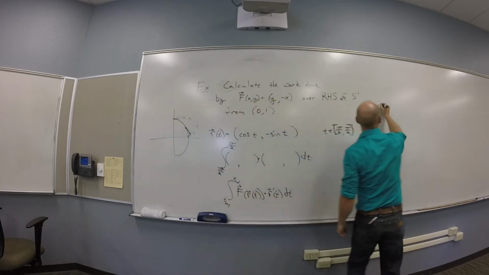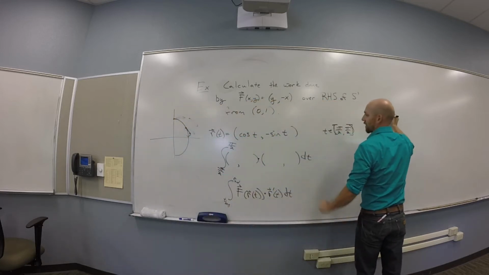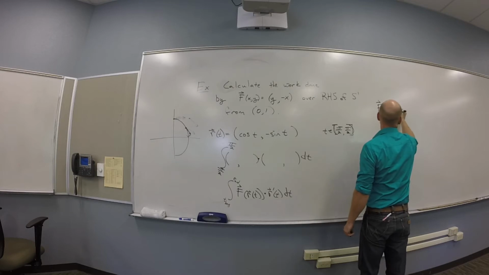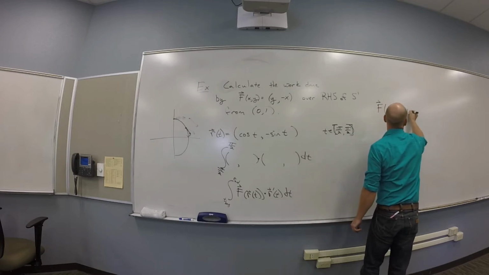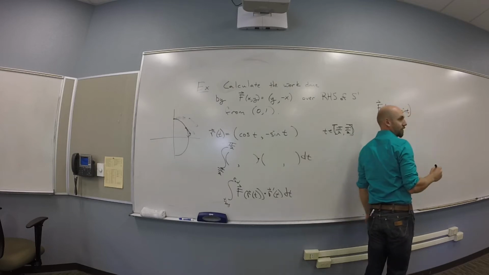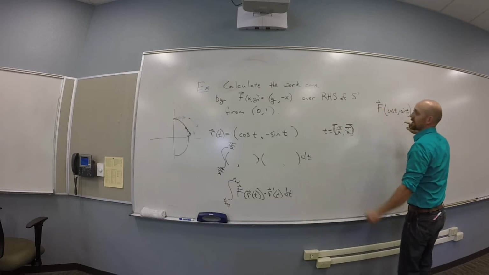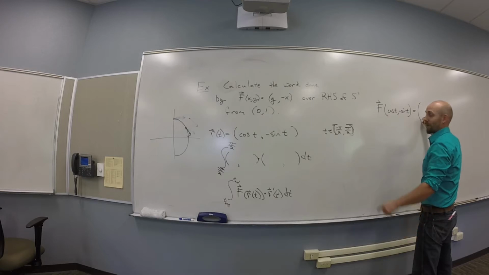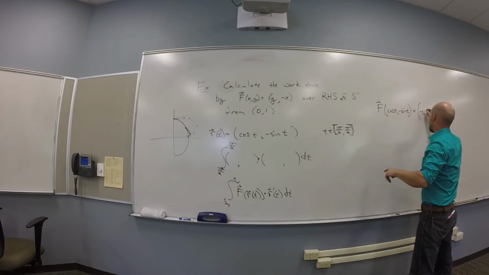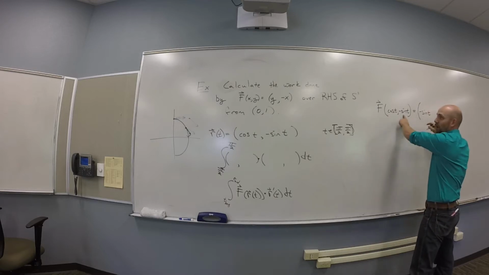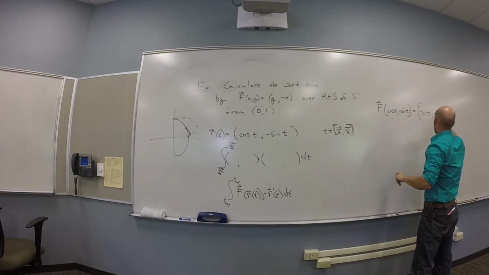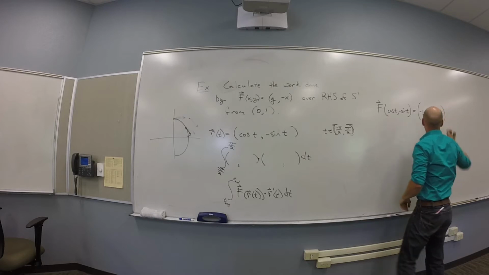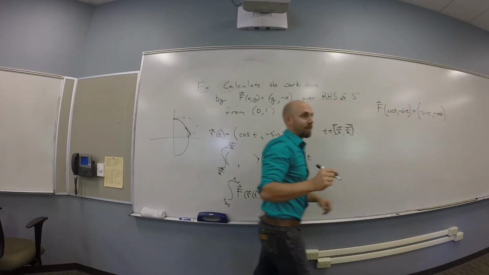So I'm doing F applied to cosine t, comma, minus sine t. Which is, you should get negative sine t. Right? That thing in the y slot goes in the x slot, comma, negative cosine t. Is all good with that?